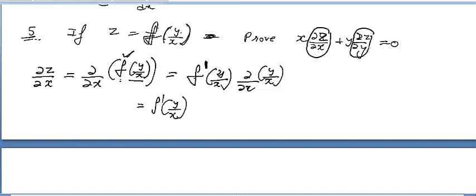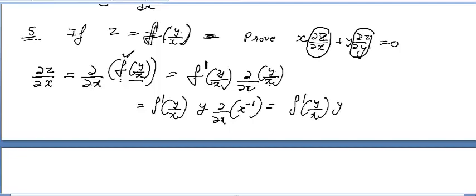Very interesting. Derivative of y over x. Now x is a variable and y is a constant. y will be outside. So derivative of 1 over x. Even I can write it directly, but just for you people I am explaining it in detail. f dash (y over x), y is outside, because derivative of 1 over x is x raised to minus 1, so minus 1 here, u raised to n, x raised to minus 1 minus 1, which is minus 2, and derivative of x with respect to x is 1.